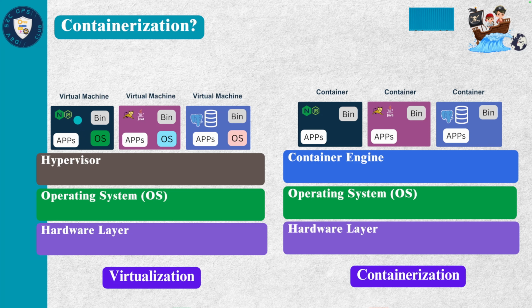So let's say this virtual machine uses one CPU and 1 GB of RAM, and for this you use two CPUs, 4 GB of RAM, and for this you use 5 CPUs, whatever, and 10 GB of RAM.